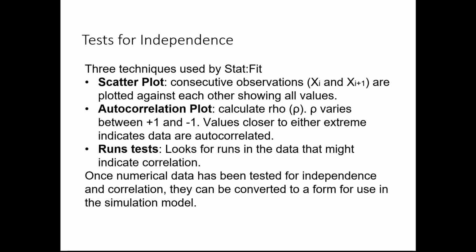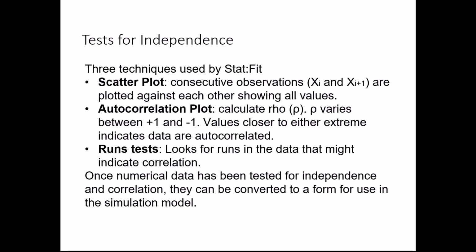Another thing that we need to do for our data is to test for independence, because we want to make sure that each data point of your value stream map is pretty much independent of its own. We want to make sure the data that we collect is not dependent.